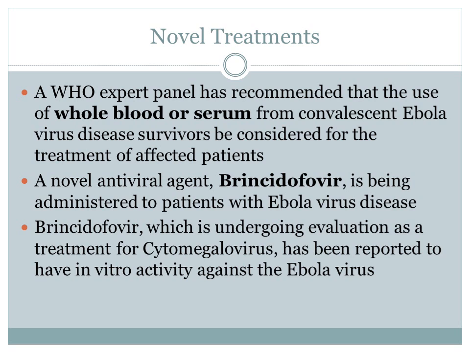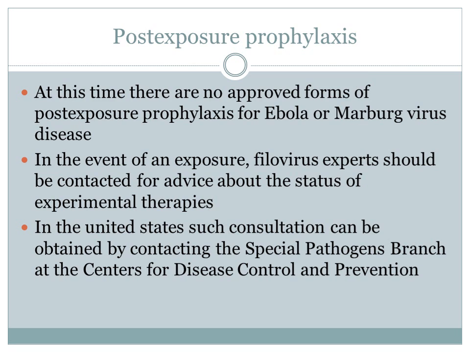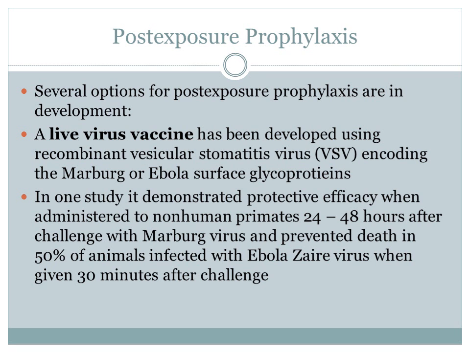There's a novel antiviral agent, brincidofovir, which was originally meant to treat cytomegalovirus, but it's showing some promise against the Ebola virus. As far as post-exposure prophylaxis, meaning after a patient is exposed but before they start to show symptoms, there are also a number of treatment options. First and foremost, the CDC should be contacted.